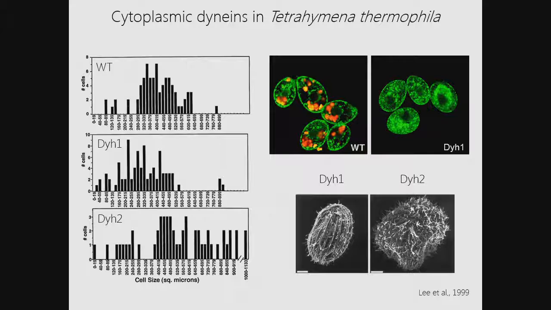And on the contrary, when there's knockout of the second dynein, cells actually become bigger and there's more variability in cell size in general. So this is something I would love to look at in Stentor as well, and it looks like my phenotype might be related to the phenotype of the first protein, so I will definitely be looking at what is happening with phagocytosis in Stentor.